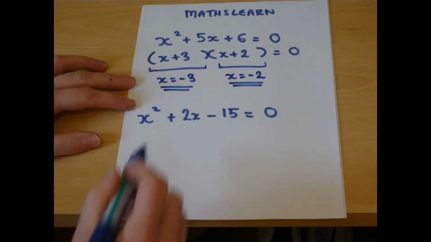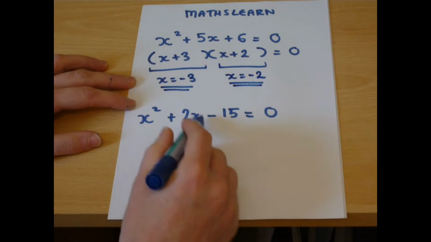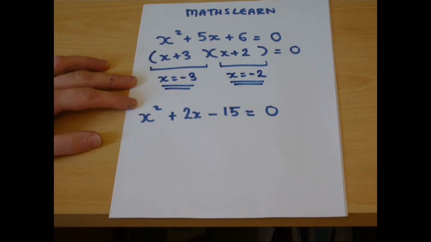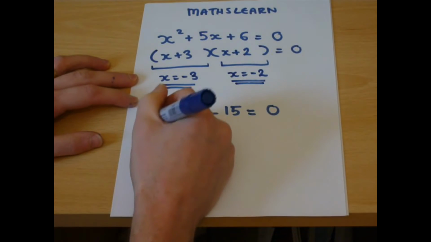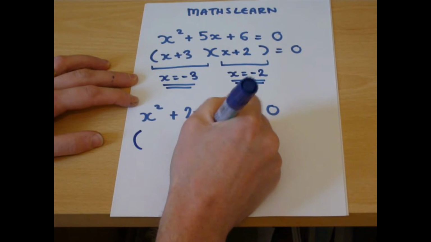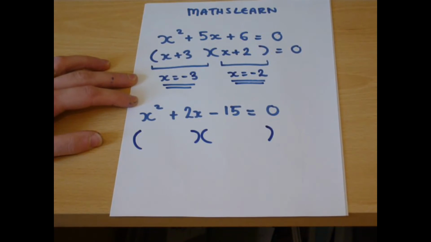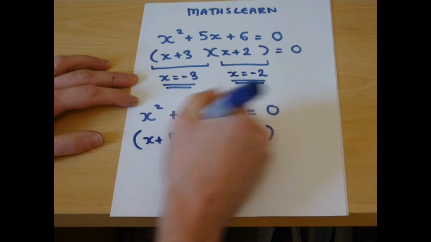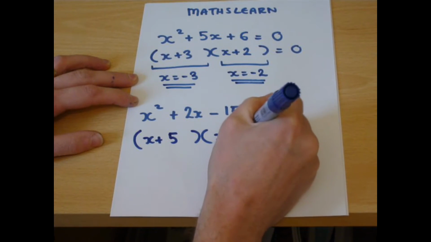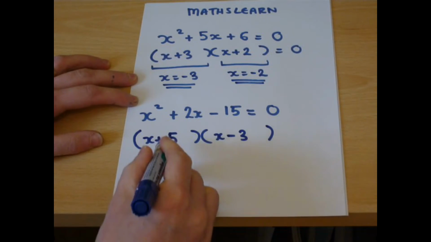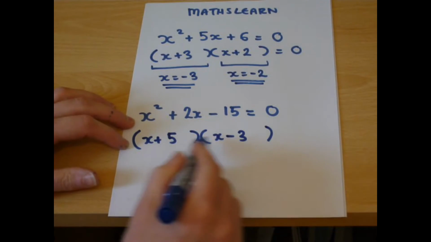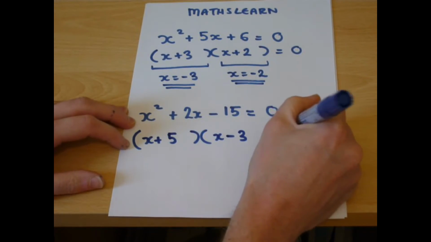So remember, we're looking for numbers which multiply to make minus 15, but combine somehow to make plus 2. Now there are not many factors of 15. However, if I put down 5 and minus 3, 5 times minus 3 is minus 15, 5 take away 3 is 2.